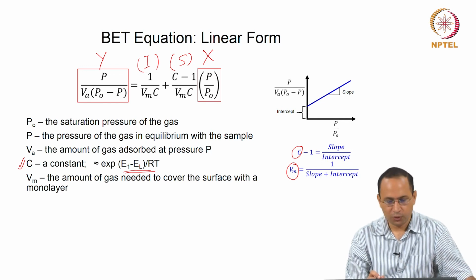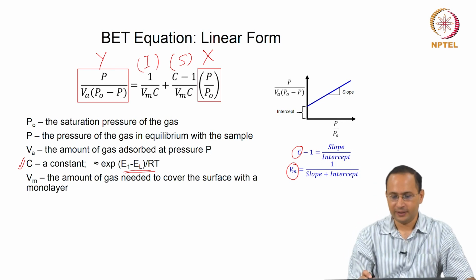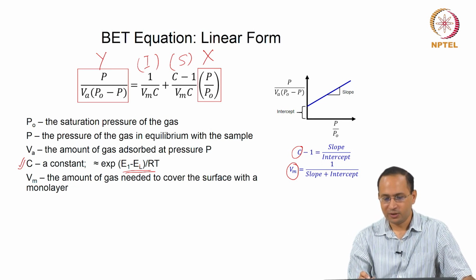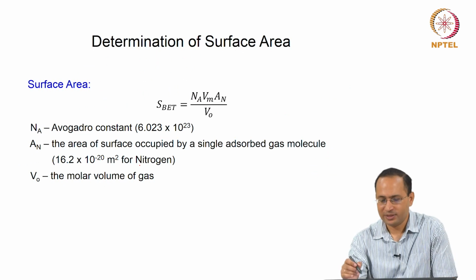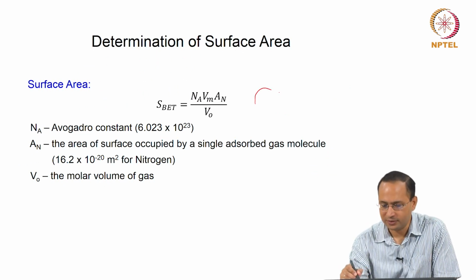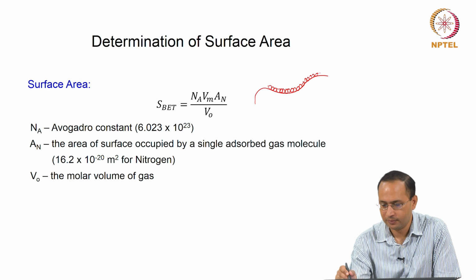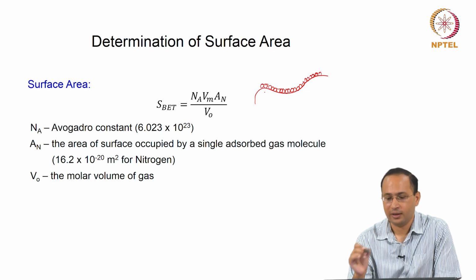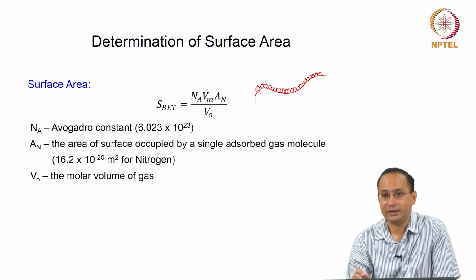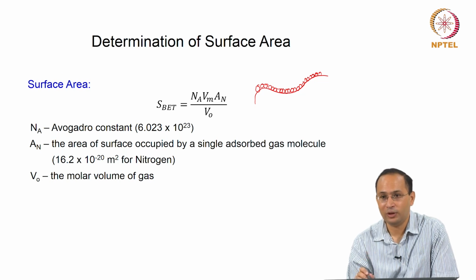Okay. Now the question comes, how do we calculate surface area, right. The determination of surface area lies on the premise that you have a surface. What we are assuming here is that when we say the monolayer formation is complete, that means we have a one-layer-thick monolayer, mono is 1, right. Suppose you know the volume of gas adsorbed when the monolayer just completes.